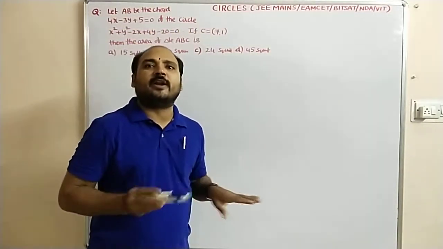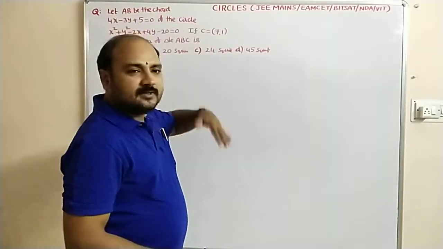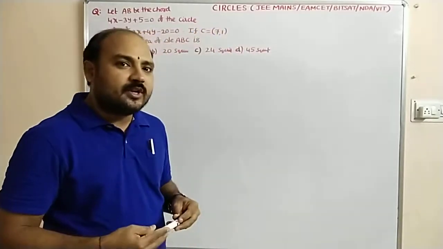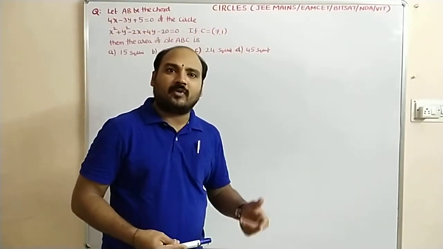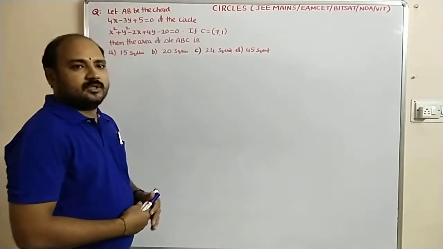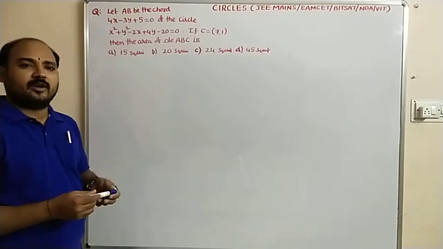First we have to decide whether the point is inside, outside or lying on the circle. How to decide? By finding the power of the point. Power of point means S11. First we will check this. After that, AB is a chord, so automatically we will draw that chord equation.